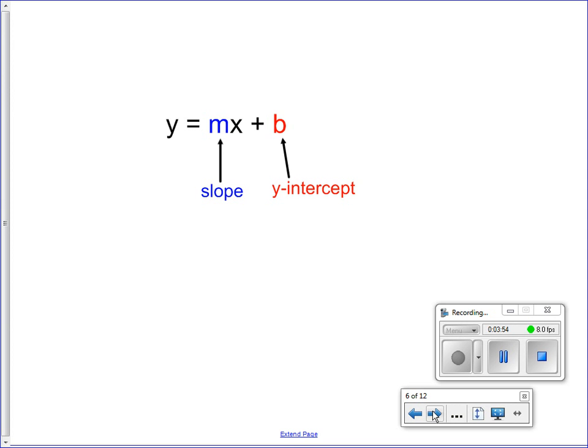Remember from our lesson previously that slope is the rate of change as well. Anything that is added to it is your y-intercept. If you have minus b, then your y-intercept is negative. If it's plus b, then you're going to have a positive y-intercept.